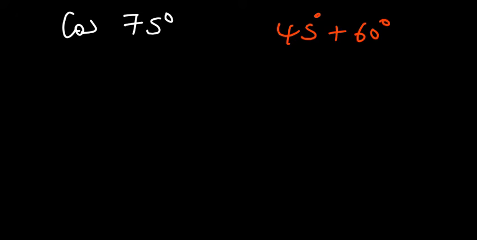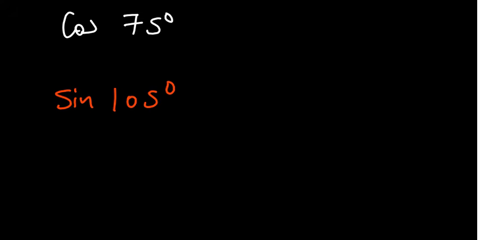Okay, let me not complicate things. I'll just say sine 105 degrees. Yeah, that's fine for practice. And then in the next video I'll proceed and look at the double angle formula.